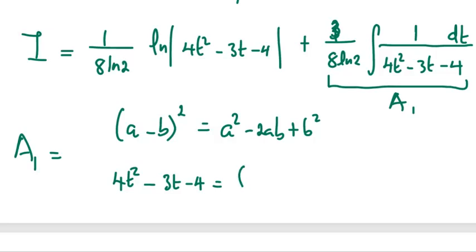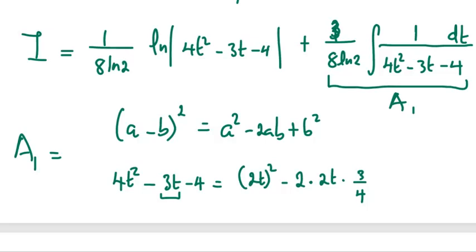This will be same as, first let's start with something squared. 4t squared is 2t whole squared. Now remember that we're going to have a minus 2 times that 2t. But how do we make that place to be 3, as we can see here? So we only do the following, that is multiplying by 3 all over 4. We know that 2 times 2t is 4t, but 4 cancels 4, we get 3t, right?